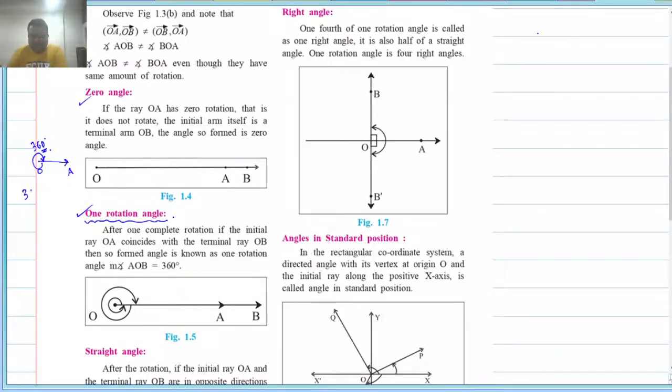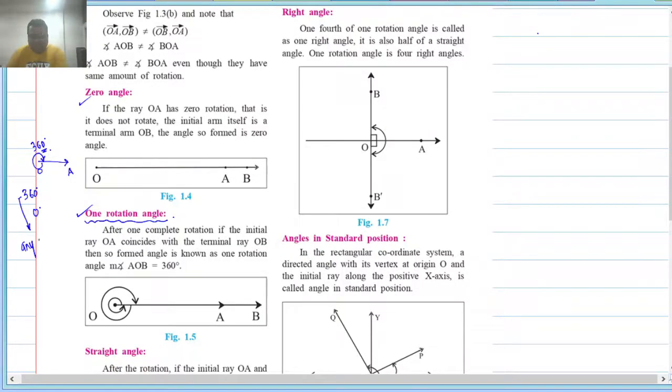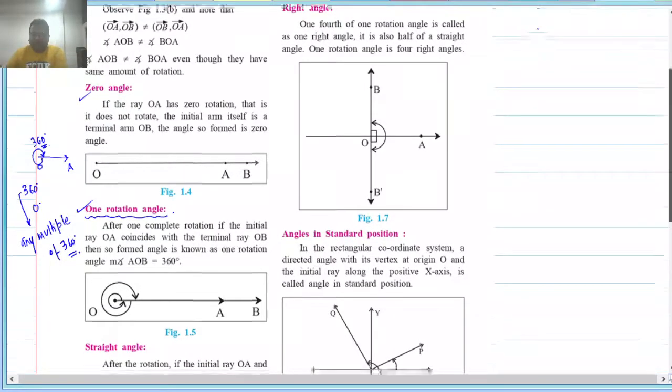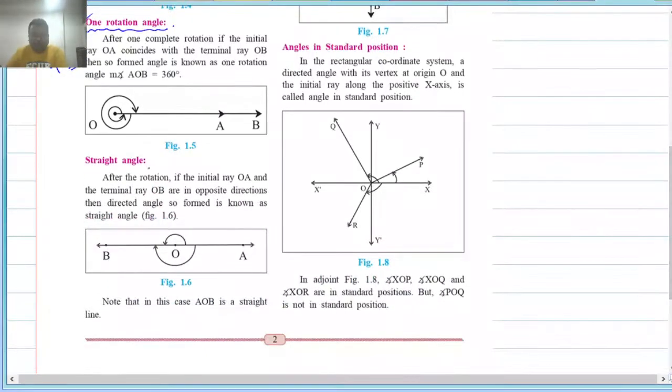So whenever I say 360 degrees angle, it can be represented as 0 degree. Also, any multiple of 360 will also be a 0 degree angle. Okay. So this is one complete rotation.